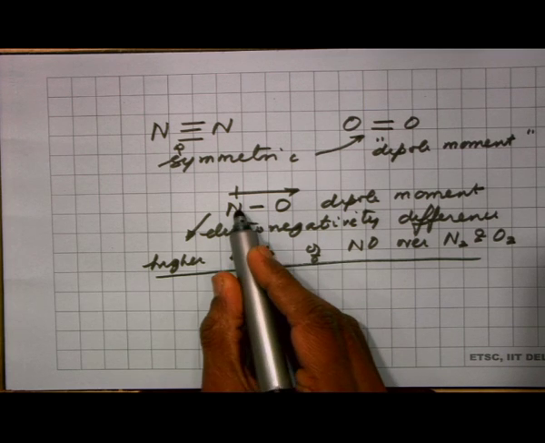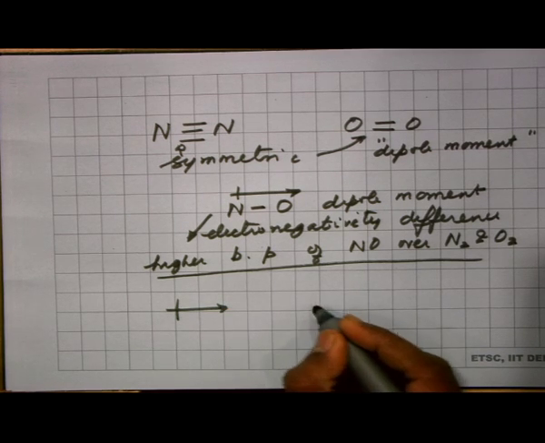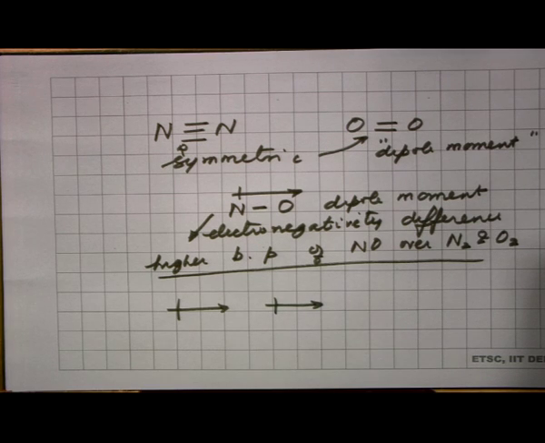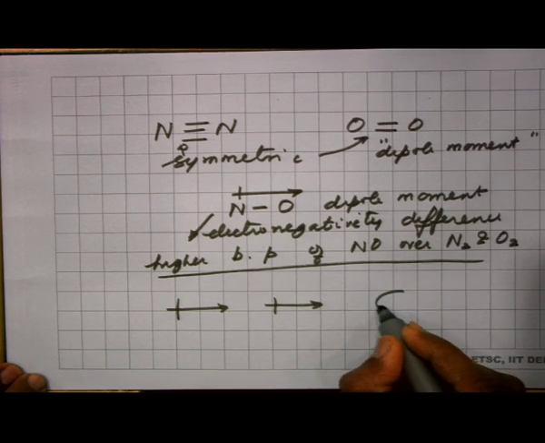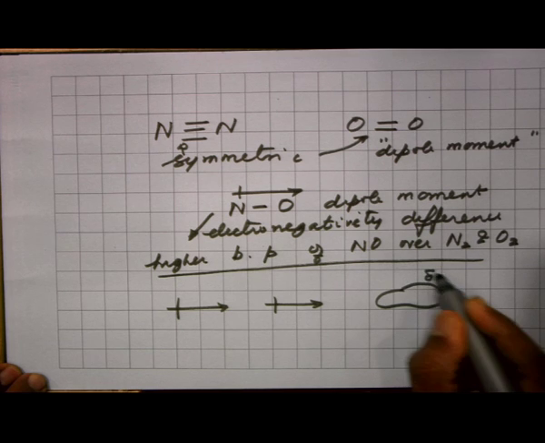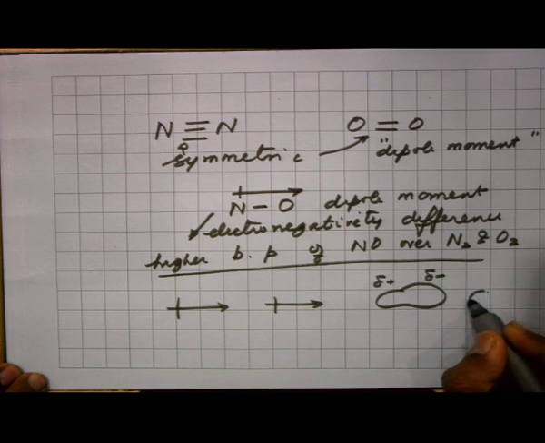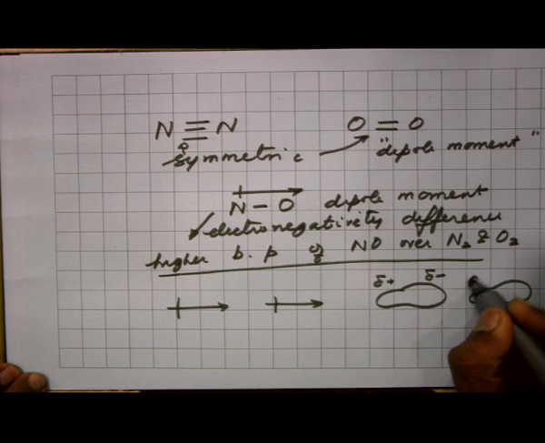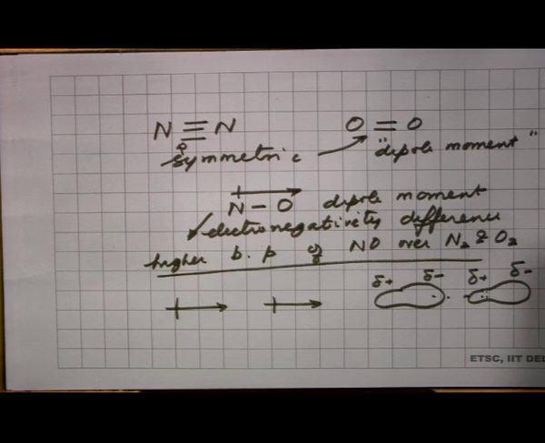So, presumably there is an interaction between a dipole like this and another dipole like this. So, if you draw it in terms of the electron density, I would have some situation like this, delta minus, delta plus would interact with another molecule which is delta plus, delta minus, and there is an interaction here. And this interaction we know from electrostatics, which you must have studied or will soon study.